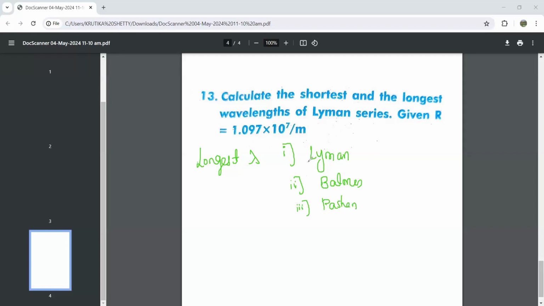So you have to calculate the longest wavelength for the Lyman, Balmer, and Paschen series. You already know what to do for the longest wavelength here, students. For the Lyman series n1 is equal to 1, for the Balmer series n1 is equal to 2. What will n1 be for the Paschen series? 3 or 4?